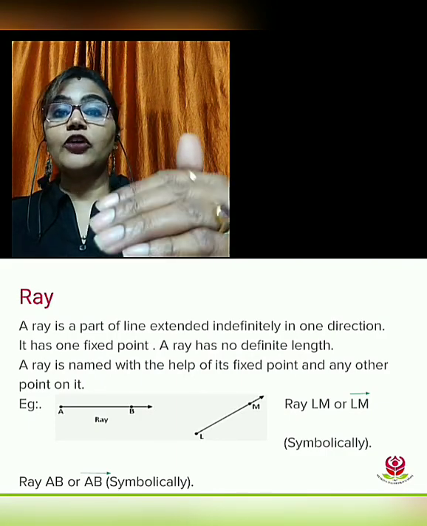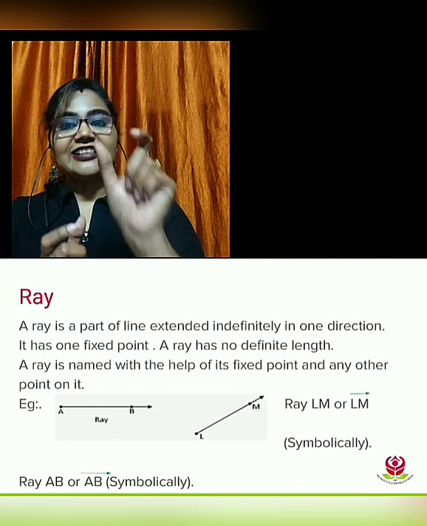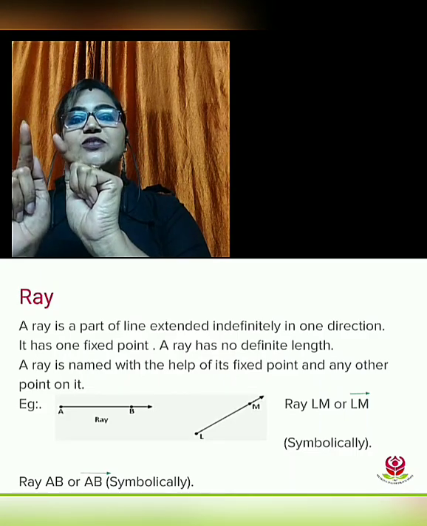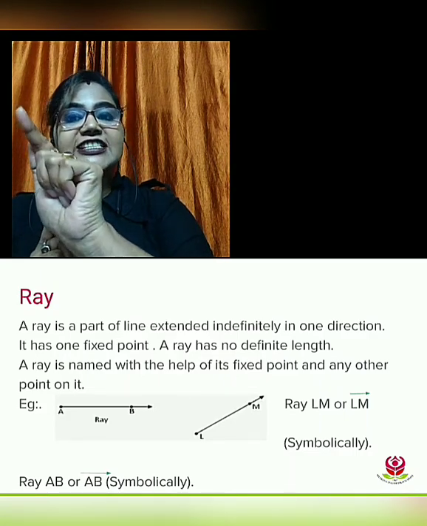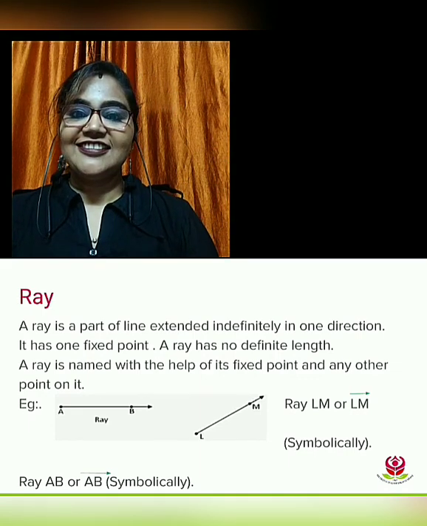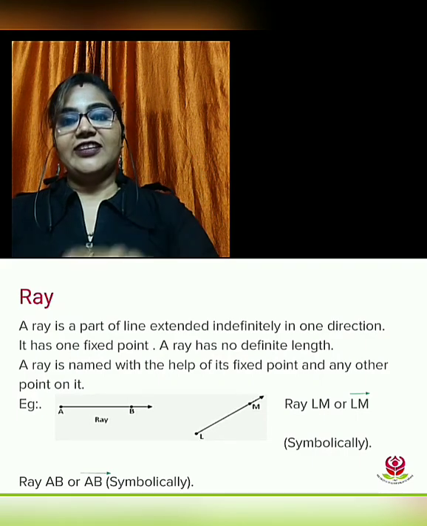The same way for ray, just see the symbol. You have the letters down and above, on one side, as it is the fixed point, no sign is there, but to the other side you can see an arrow mark. So this way you should write the symbol of ray.